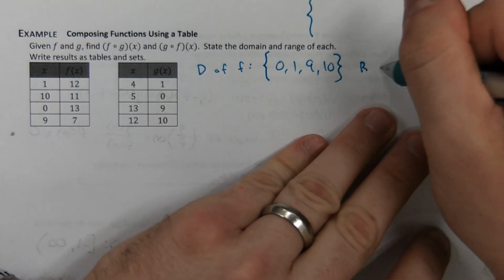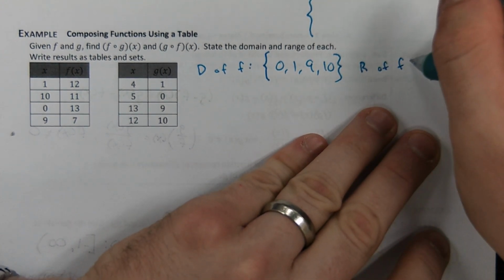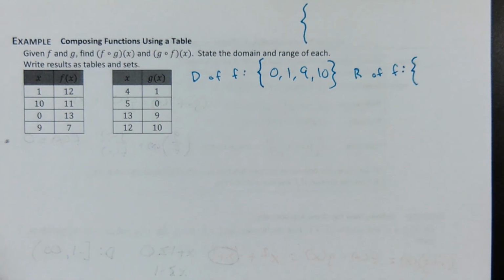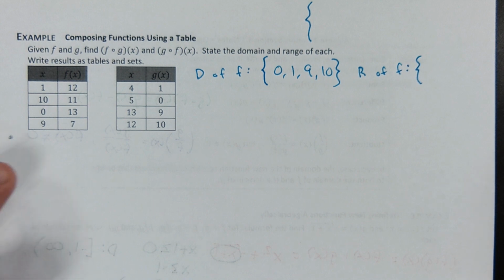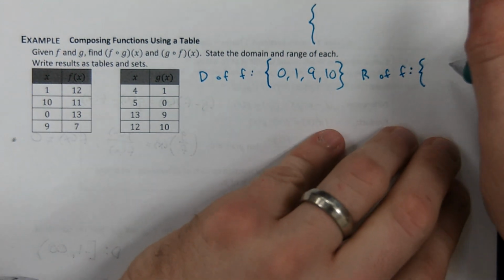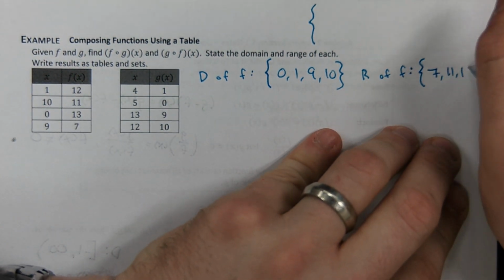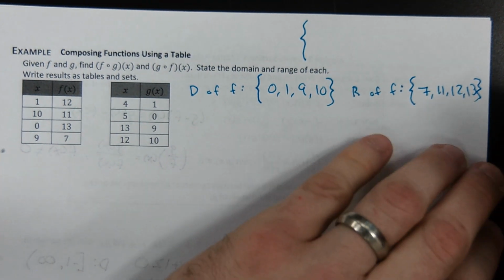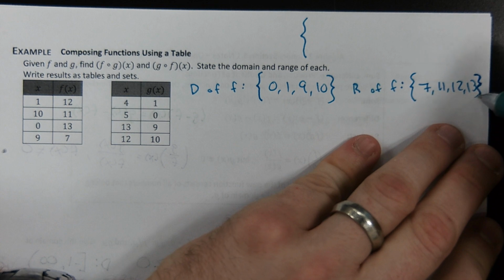And the range of f is the y values that exist for f, written in order, 7, 11, 12, 13. Get skinny. Crap, my paper crinkled. There we go.